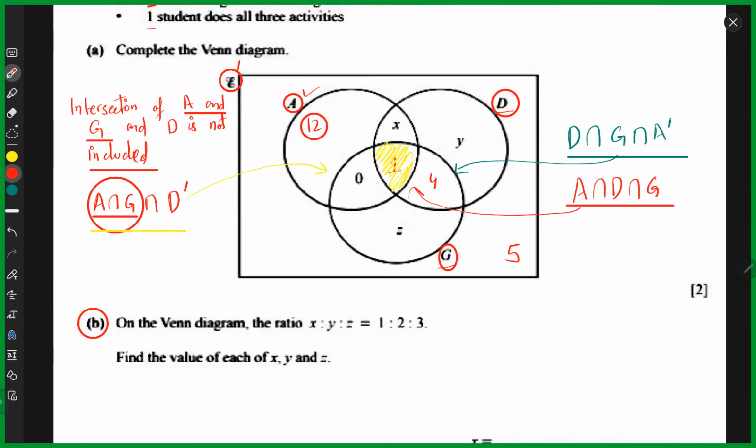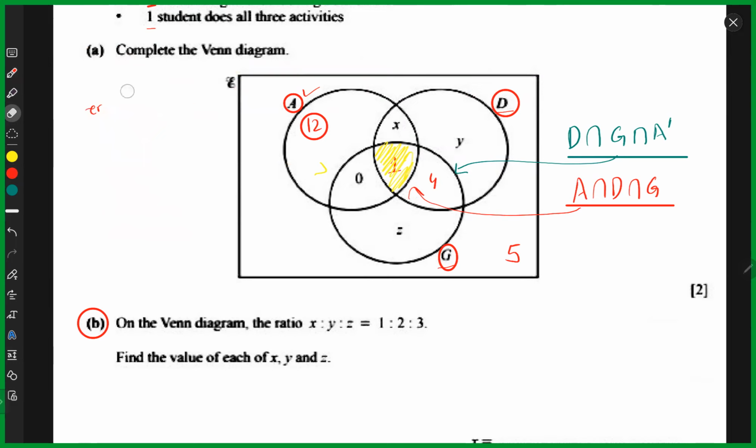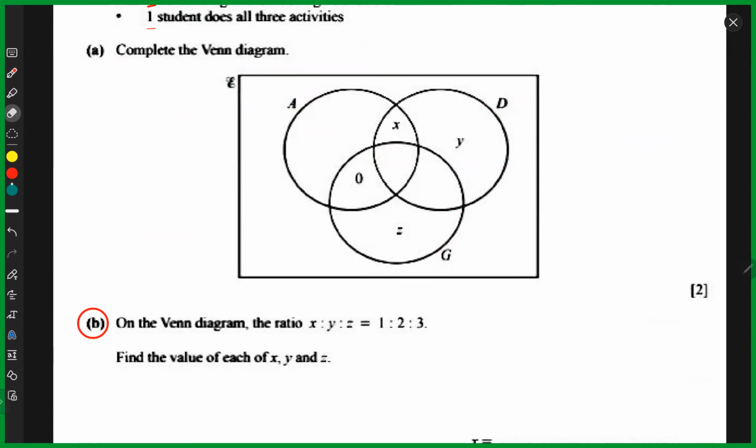Let me erase everything. I'll write those numbers again. It was 12, 1, 4, and 5.